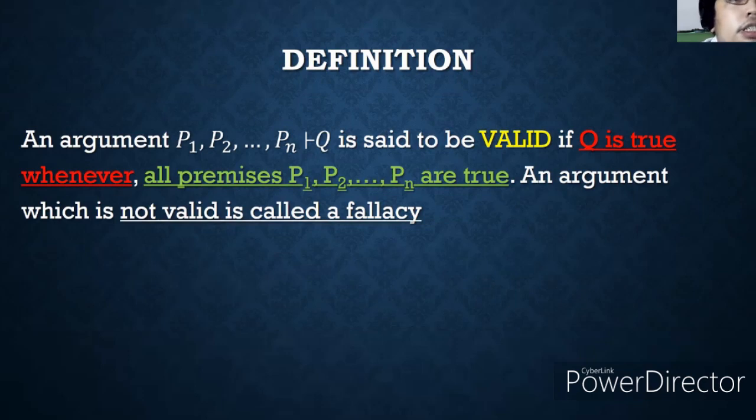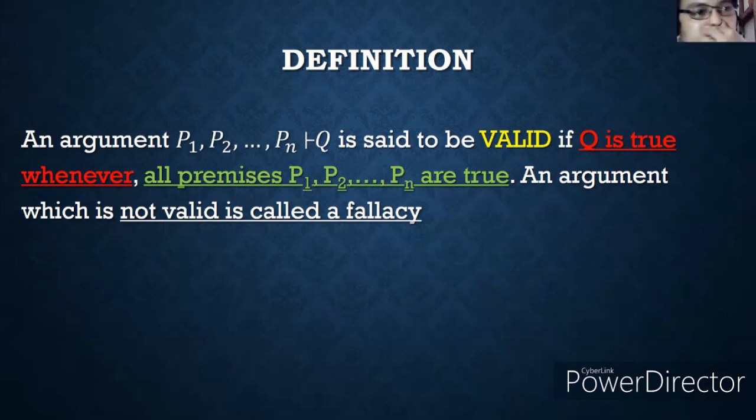If the given condition here is not met, then that kind of argument is already a fallacy. So an argument is valid if our conclusion is true whenever all our premises are true.